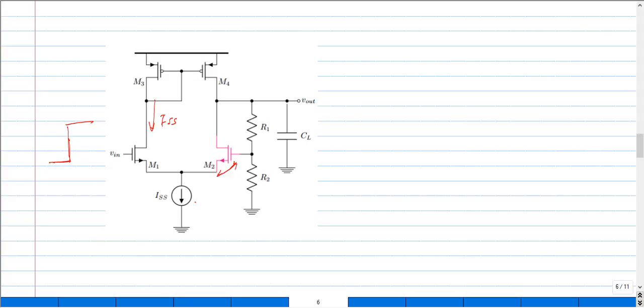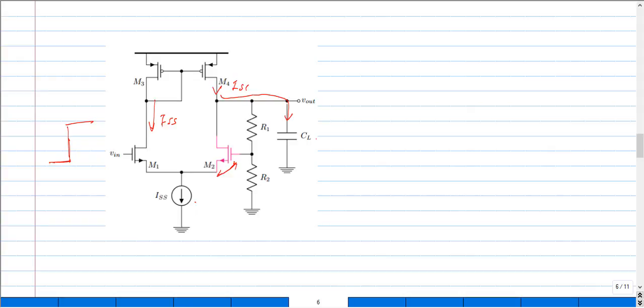And because of this mirror structure, the same current has to flow even across the drain of our M4 transistor, which is supposed to be ISS. But because the bottom transistor is completely off and cannot accept any current, all of the current takes this particular path and tries to charge up the capacitance. Now, what is the rate at which this capacitor would get charged up?